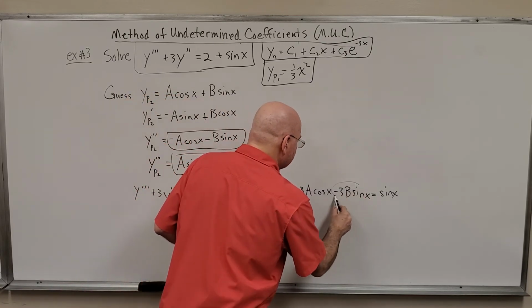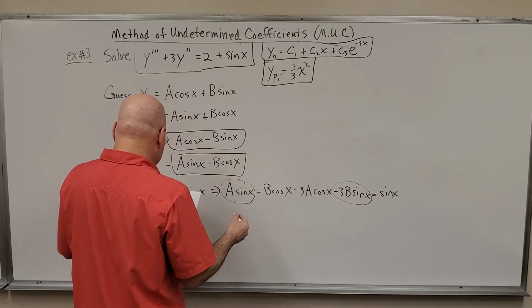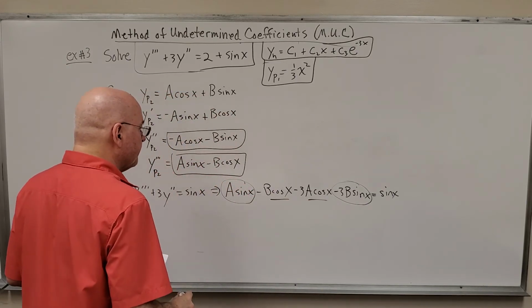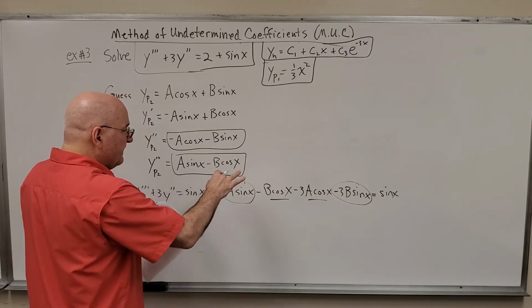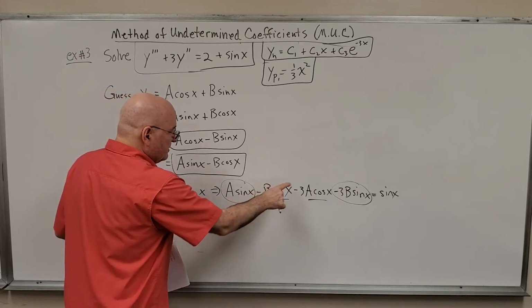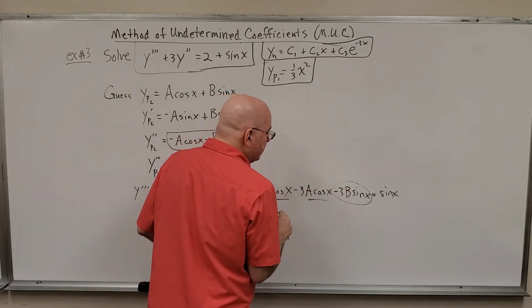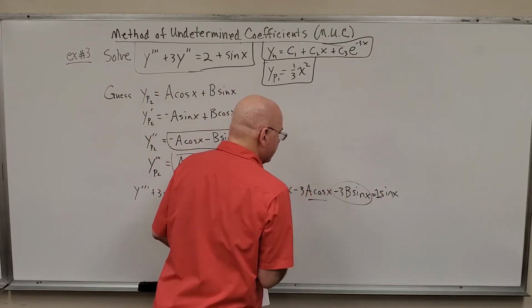So I'm just going to circle the like terms. We've got two sines, and I'll underline the cosines. So if I just did some rearranging here, just the two that I've circled, A sine x minus 3B sine x is equal to 1 sine x.